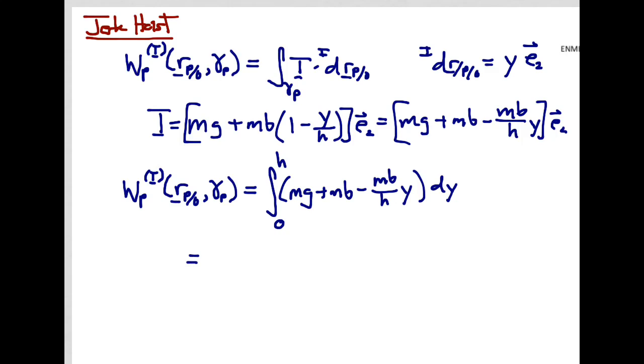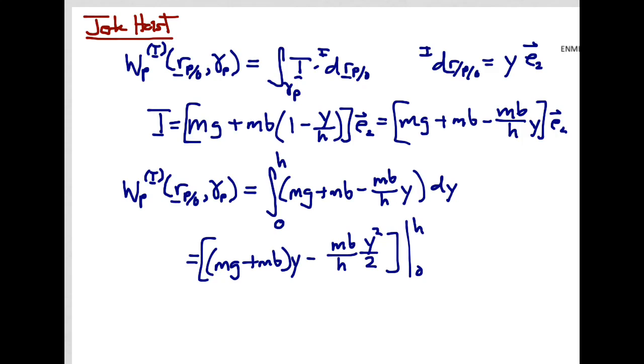And when we integrate these pieces, we get mg plus mb times y minus mb over h, y squared over 2. That entire quantity will be evaluated from 0 to h.